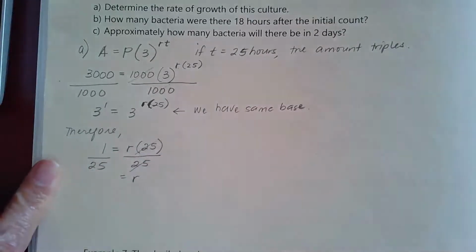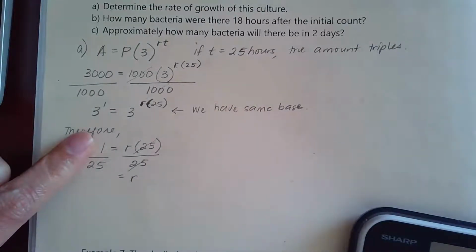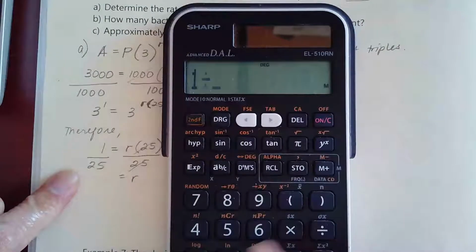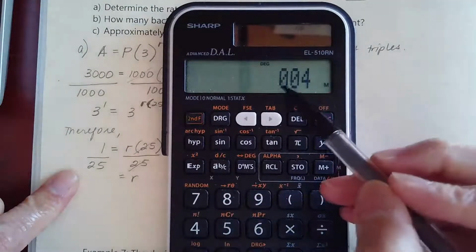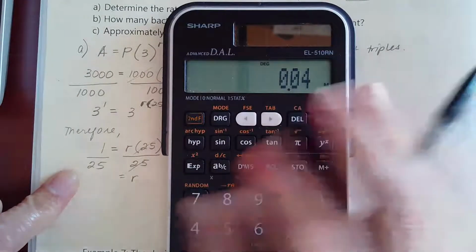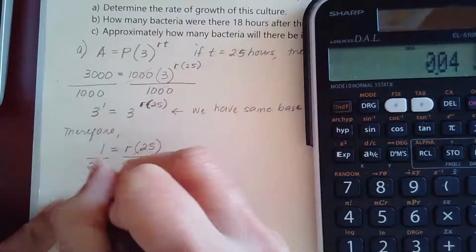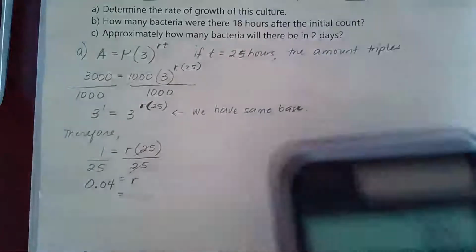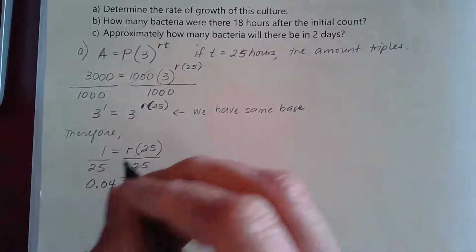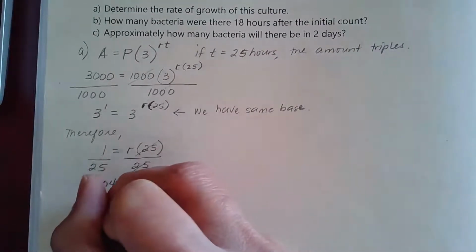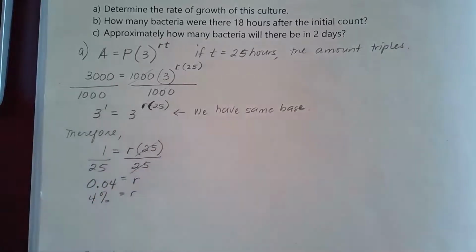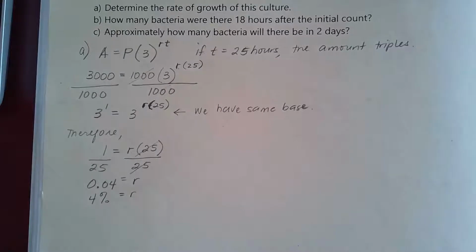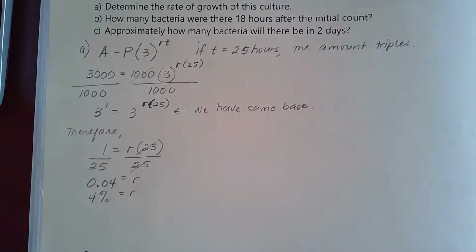So R is equal to 1 divided by 25, and we get 0.04. If you want, you can write that as a percent, so R is equal to 4%. Okay, so that one's not bad at all.